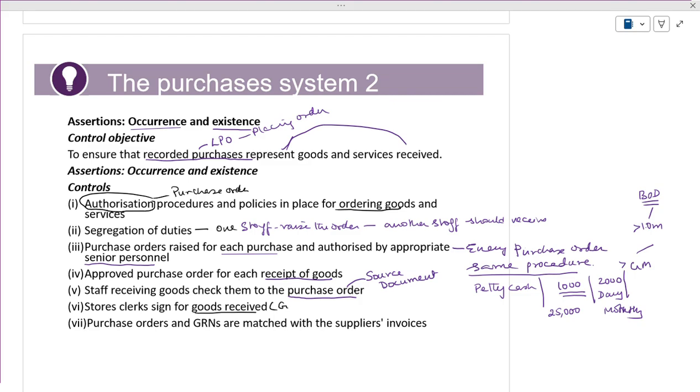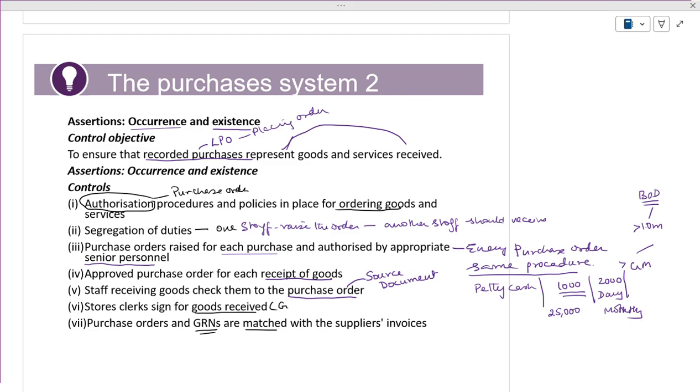Who will receive the goods? The stores person will receive. The purchase manager or the person who will place the order, and the stores staff will check against the purchase order, and the stores clerk will sign. Purchase orders and goods received notes are matched.